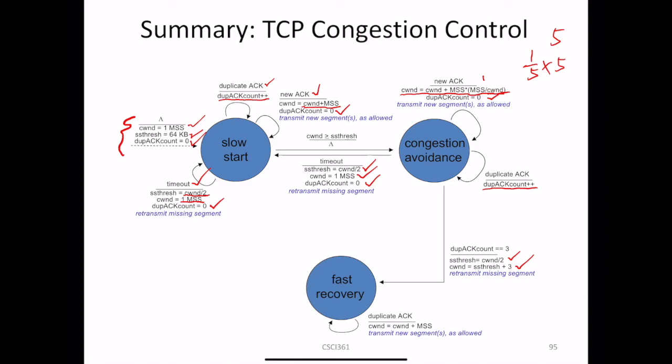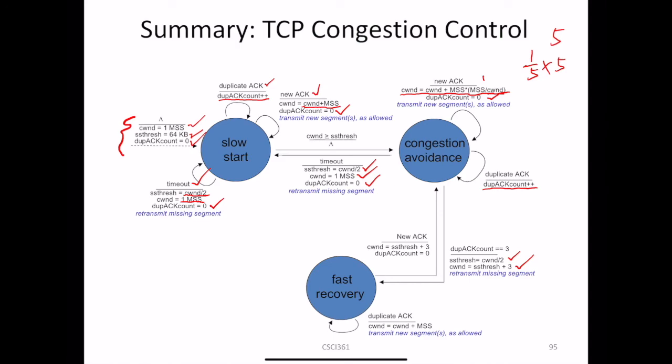Under this state, if the sender keeps receiving duplicate ACKs, each time the congestion window will be increased by 1 MSS, because each duplicate ACK received by the sender means the receiver can still receive out of order segments.